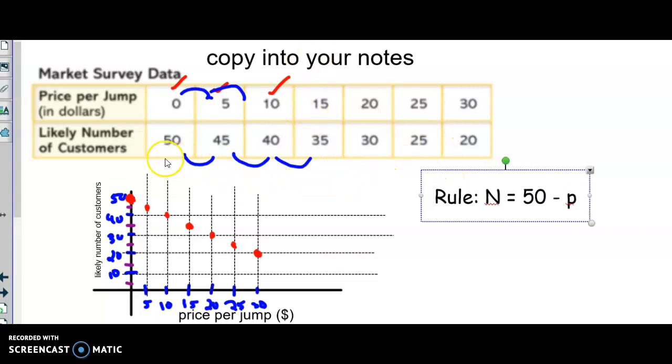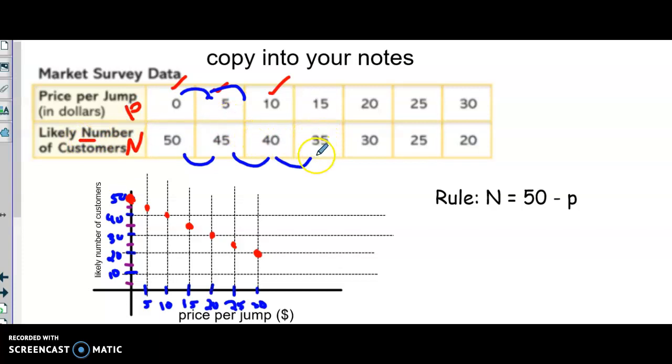So the number of customers is 50 minus P, or the price. In this problem, this P represents the price and the number of customers is right here. That's our N. Okay, so let's check a value.